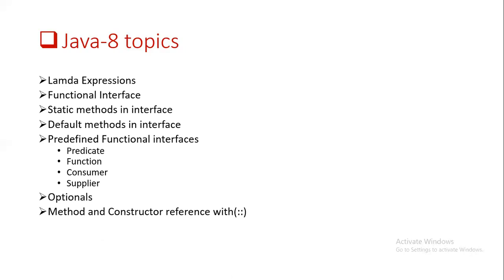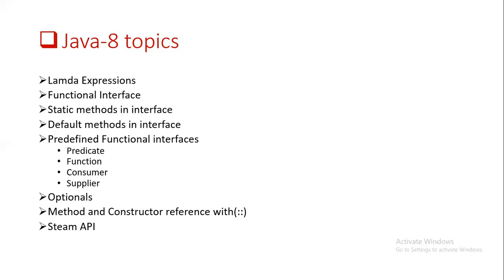If you observe, in C++ the double colon operator is a different concept. But here, to invoke or call a particular place, we can use a method or constructor reference. After that, Stream API, which plays a very nice role.